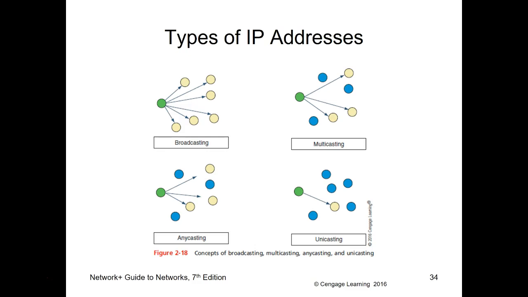Unicasting is that idea of I only send to one particular thing, which is the exact opposite of broadcasting. So broadcasting we send to everybody. Multicasting we send to a specific set of multiple addresses. And anycasting we have multiple recipients, but we only send it to the nearest recipient.